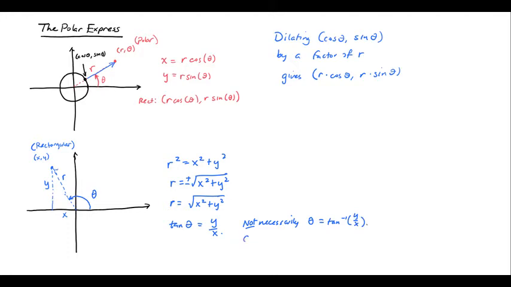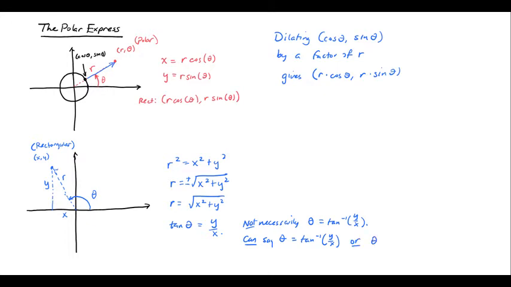Although one thing we can say is that theta will be equal to either that, which will always give me an angle in the first or fourth quadrant, just by the definition of inverse tangent. The range for inverse tangent is from negative pi over 2 to pi over 2.